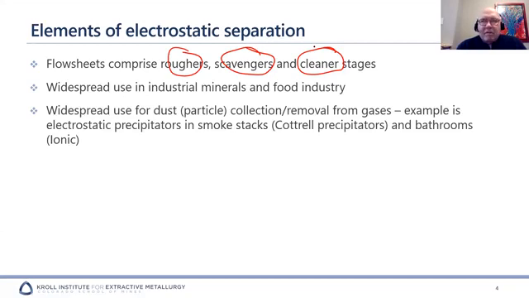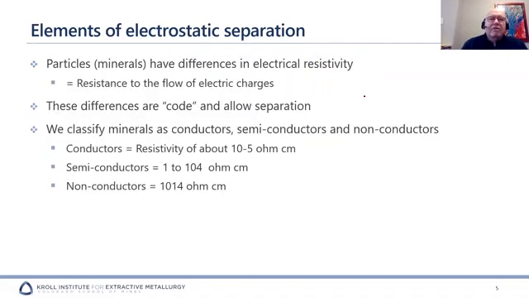We combine them into flow sheets and multiple passes and that sort of thing. It's certainly used in the industrial minerals, like I said, and also there's a lot of electrostatic separation used in the food and in the grain industry. The next statement there is just about removing particles from gases.